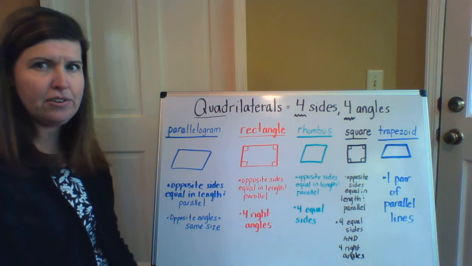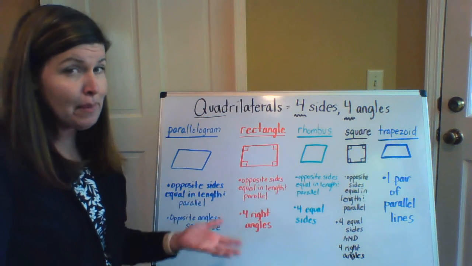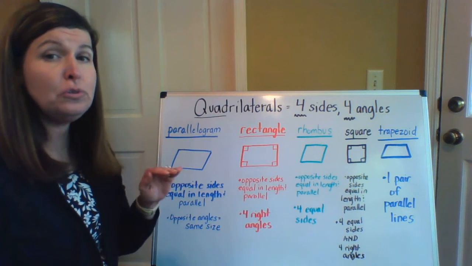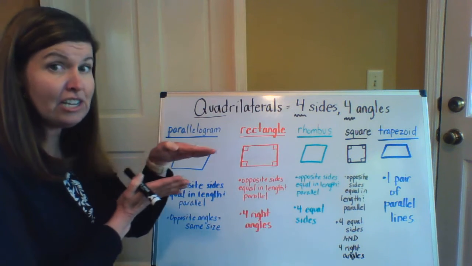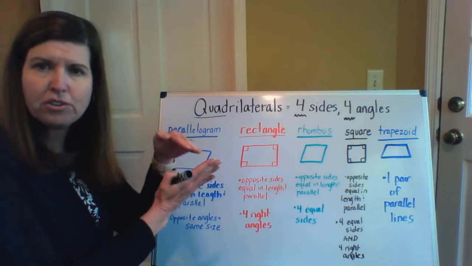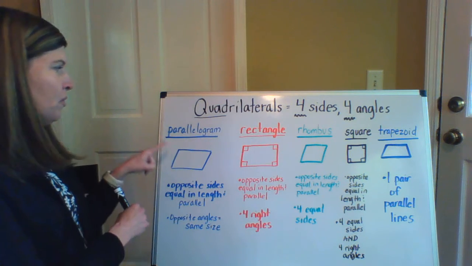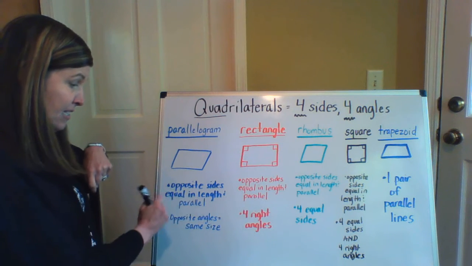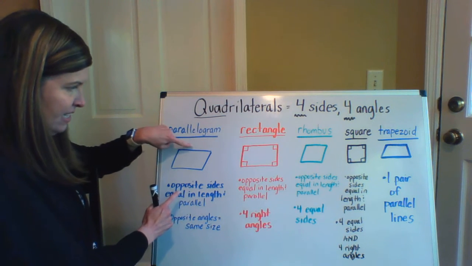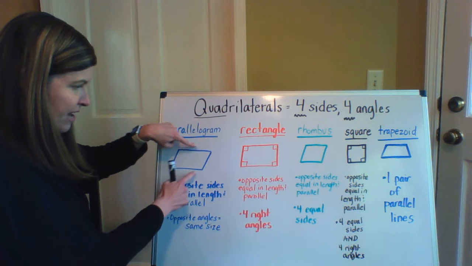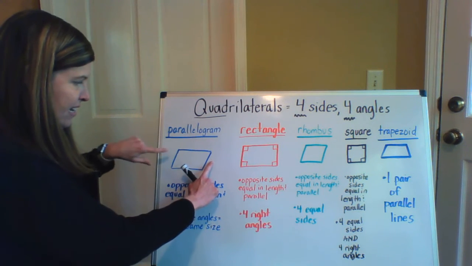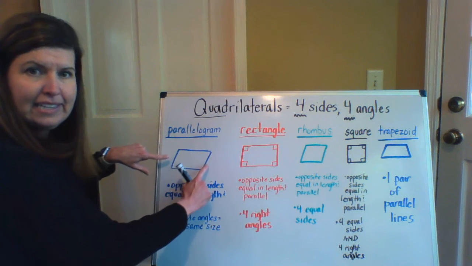The first one is a parallelogram. Now, if you remember, when we talk about parallel, it means that there are 2 lines that as they continue on, they will never cross. So a parallelogram, to start, means that the opposite sides are equal in length. So this side and this side are the same length of measurement, and this side and this side are the same length.